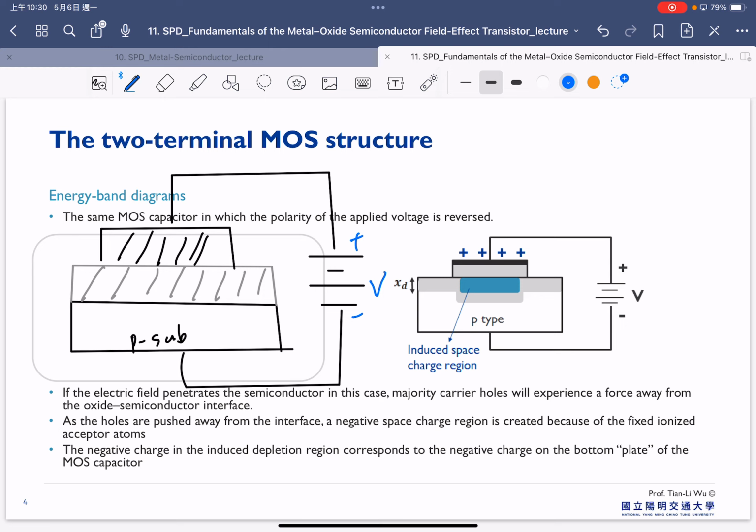The positive bias leads to positive charge here, and this positive bias will try to push the positive charges away, which means we will try to push our holes away. Once the holes are pushed away, what we are left with at the interface is negative charge.